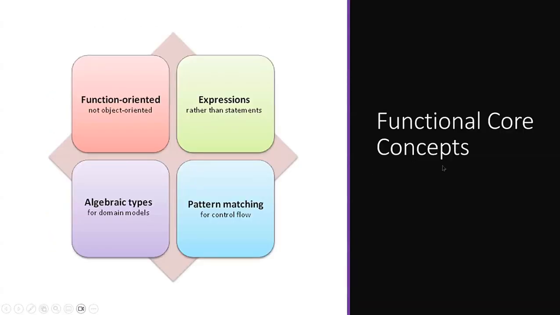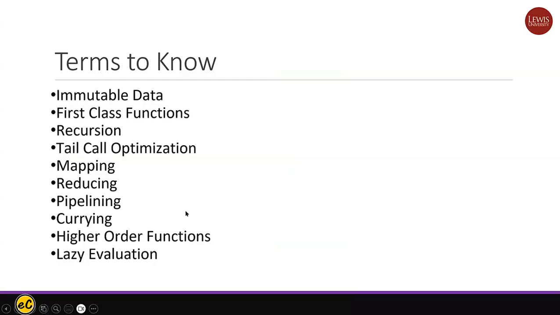So the functional programming core concept is function-oriented expressions rather than statements. You have expressions, calling expressions, algebraic types, and pattern matching. Pattern matching is very important. Your control flow is managed by pattern matching, not by the flow of statements.